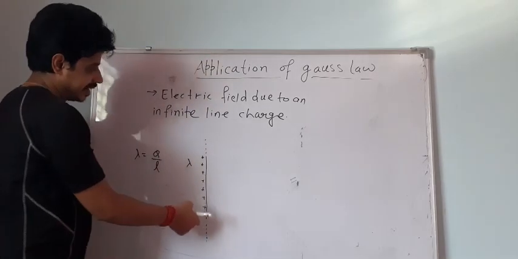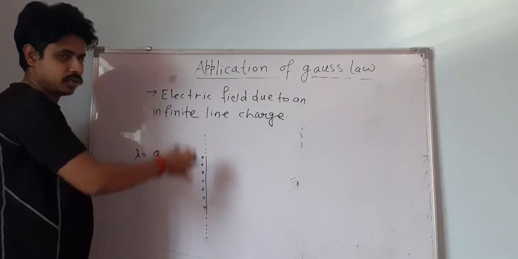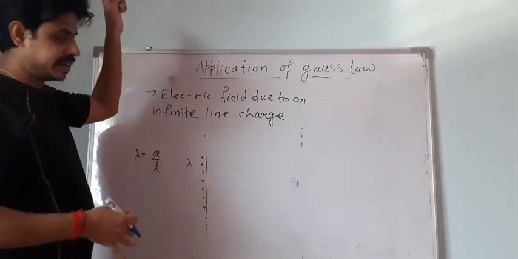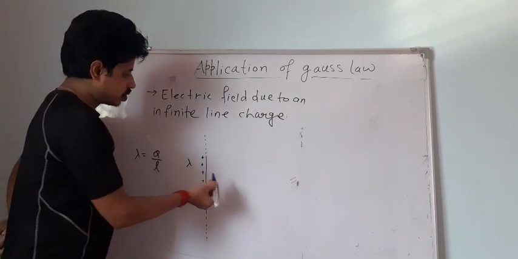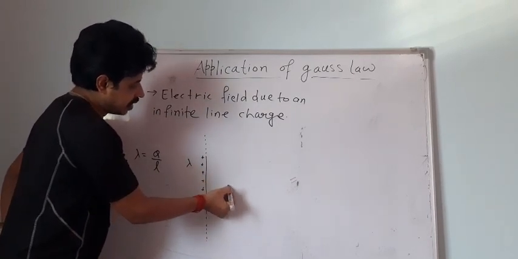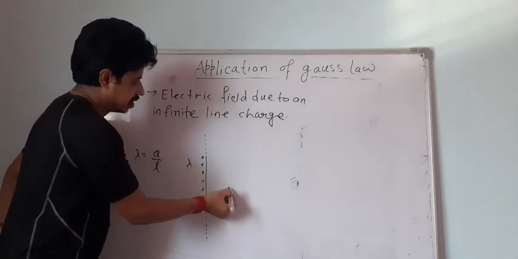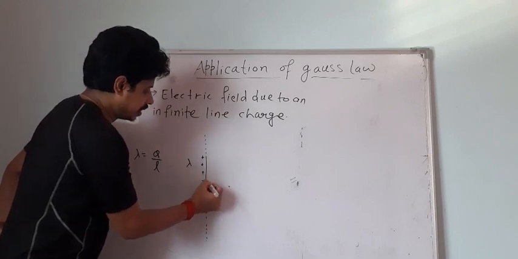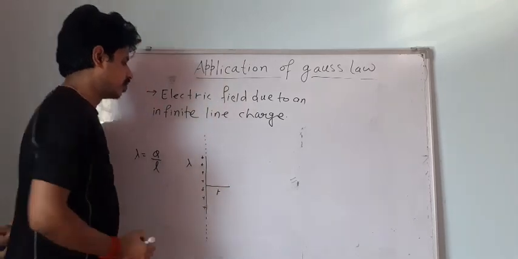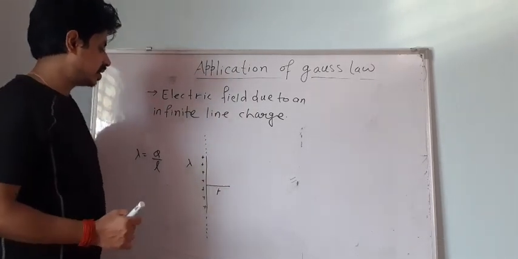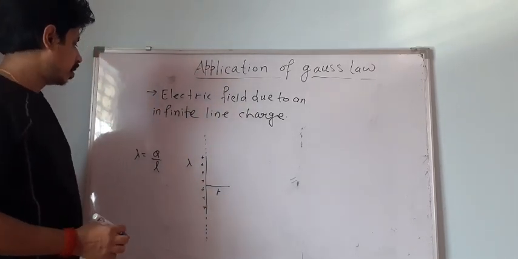This dotted line indicates that it is stretched toward infinity, both sides infinite. And now suppose we have to find the electric field at a point near it at a perpendicular distance r from the wire.